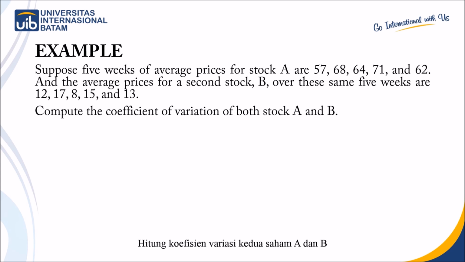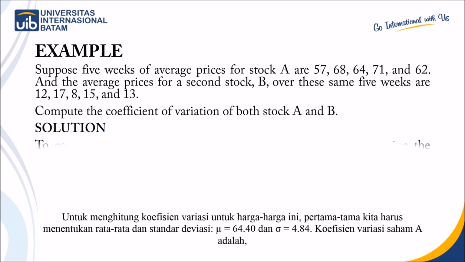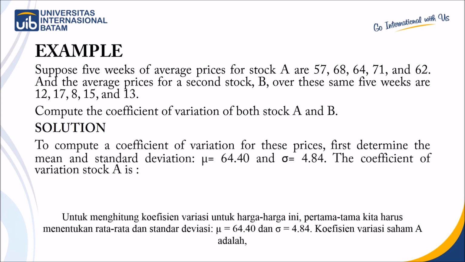Compute the coefficient of variation of both stock A and B. To compute a coefficient of variation for these prices, first we have to determine the mean and standard deviation, which for A is a mean of 64.40 and a standard deviation of 4.84.